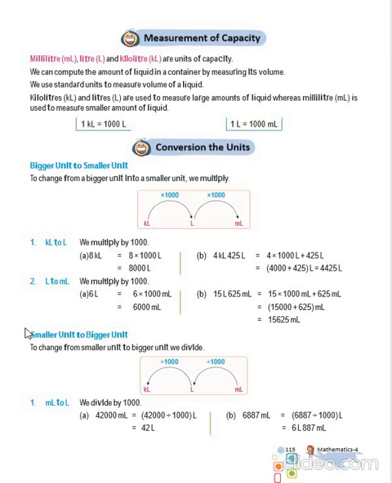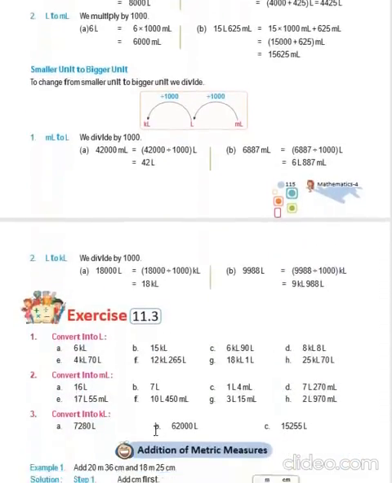Now conversion from smaller unit to bigger unit is done by division. Milliliters to liters is done by dividing by 1000. 42,000 ml is equal to 42,000 divided by 1000 liters, which is equal to 42 liters.